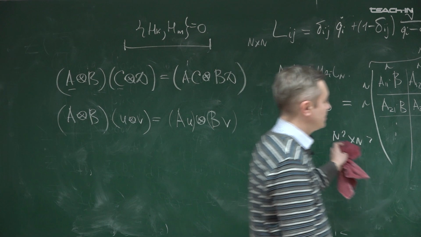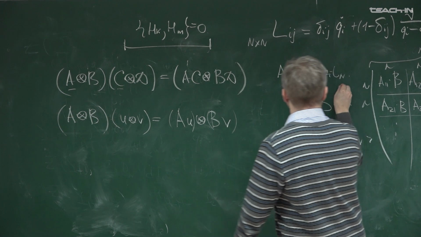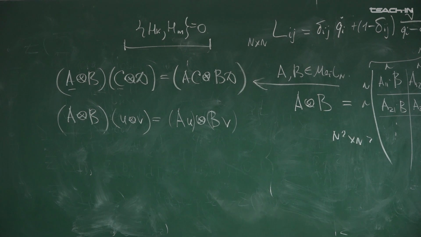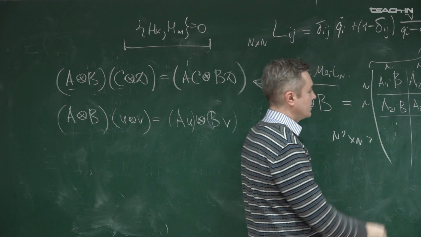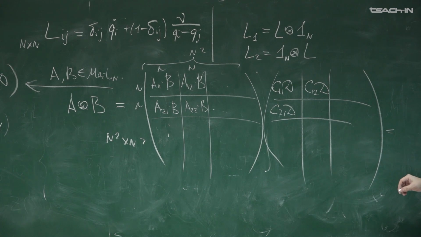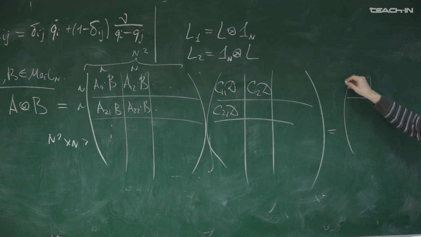It is very easy to see from this definition. For example, this property just follows from the following: if you put here another matrix which is C tensor D, then it is just C11 D, C12 D, C21 D, and so on. Now we compute the product, and let us compute what happens in this block 1, 1.